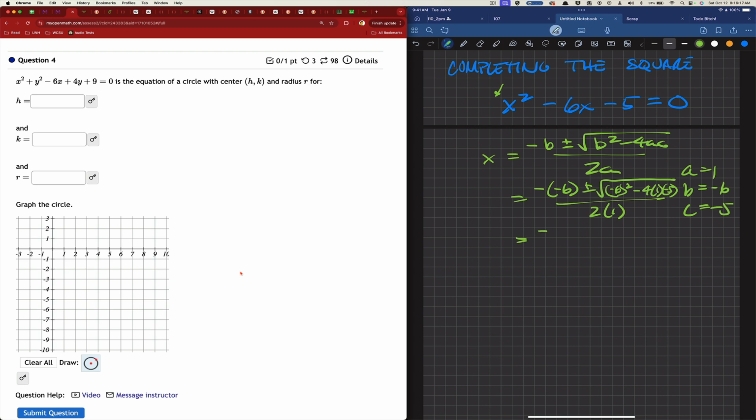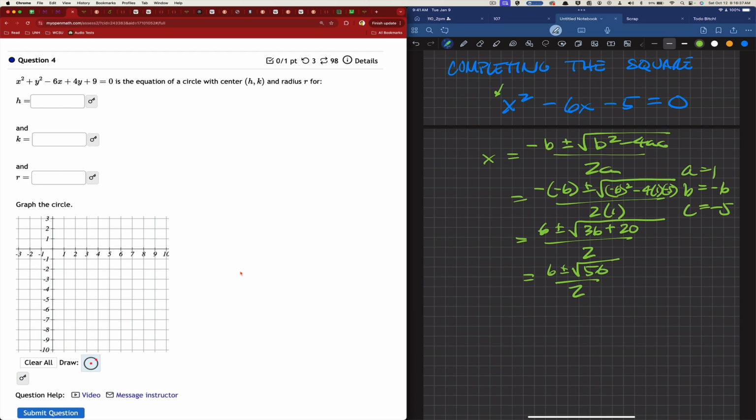So I get 6 plus or minus the square root of 36 plus 20 over 2, which is 6 plus or minus the square root of 56 divided by 2. Okay, so that's the number that I get.